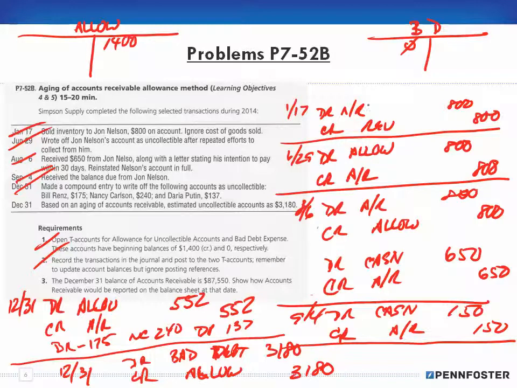So wherever we have an allowance and a bad debt, we need to show that. So I have a debit to allowance for 800. That's this one here. I have a credit for 800.